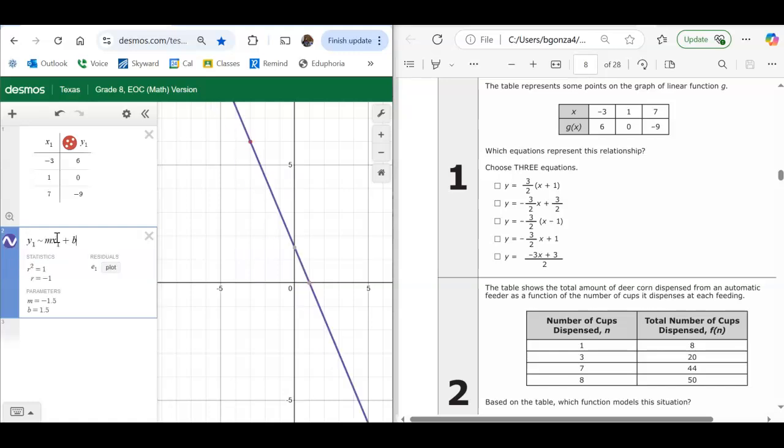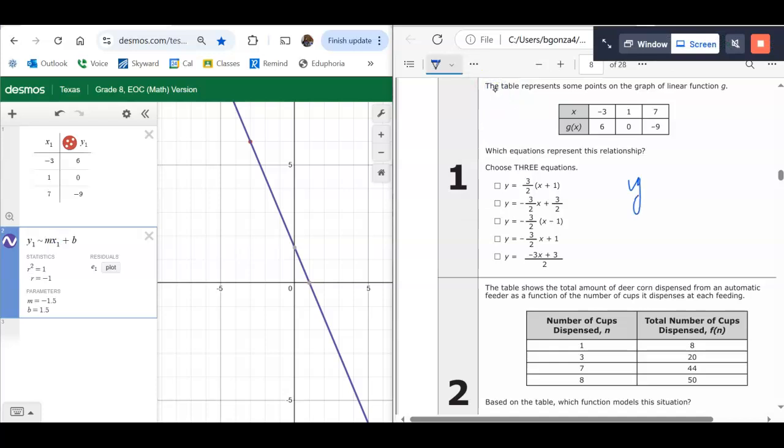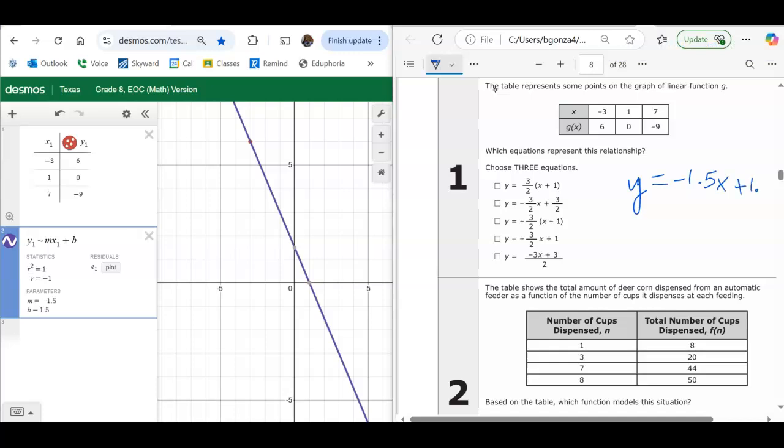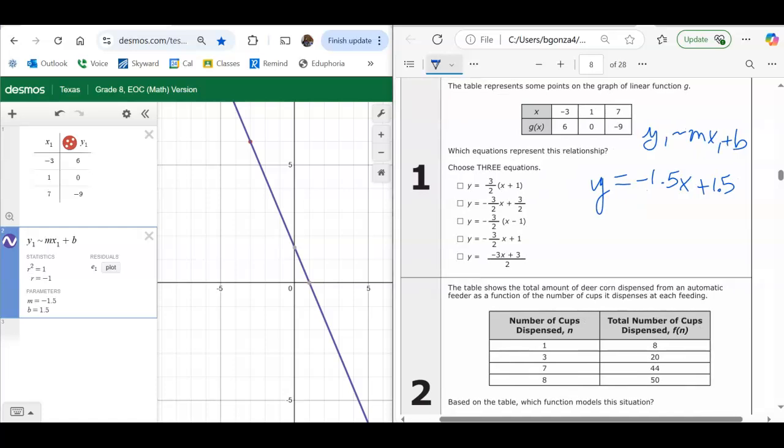Now, I get y equals negative 1.5x plus 1.5, right? I did y1 squiggle mx1 plus b. Now, those answer choices don't look like that. And it says we need to choose 3 of these answer choices.